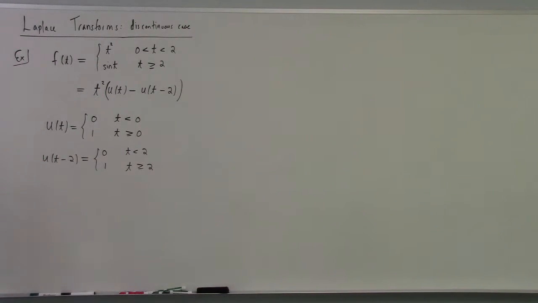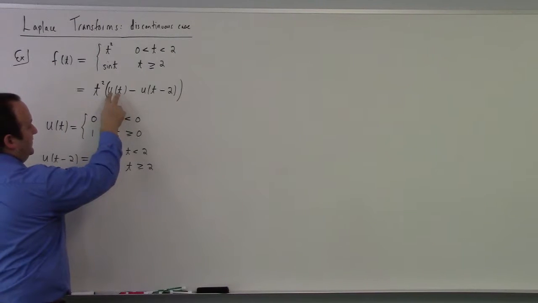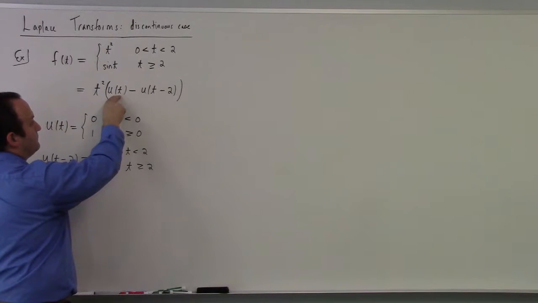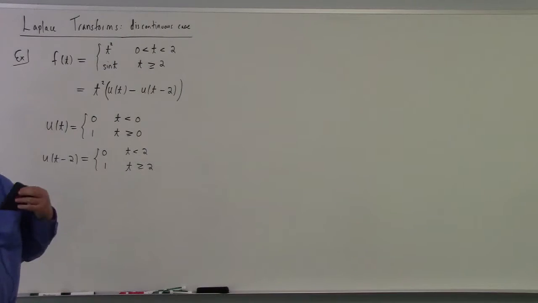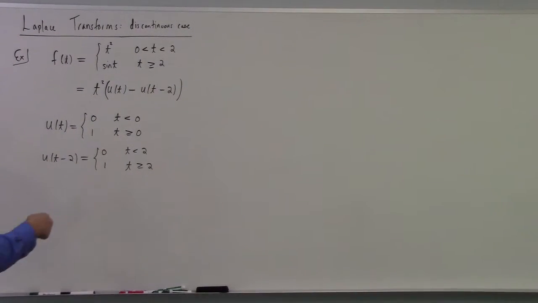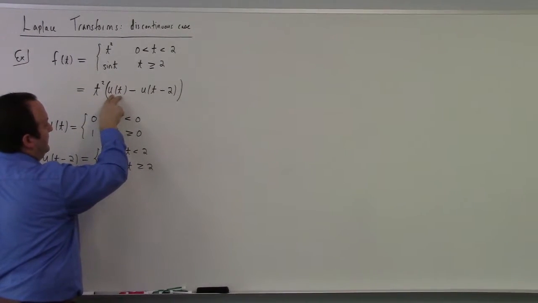So if you look at the thing I've written in parentheses so far, what does this do? This becomes 1 when you put time equal to 0, and this stays on forever and ever. This is always 1 for all positive time. In these examples, we don't generally care about negative time, so we start everything at time 0. That's just the world in which we live here mathematically. So this turns on at time 0 and just stays on at 1.